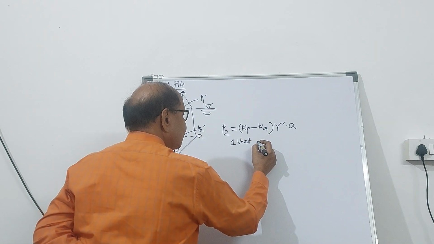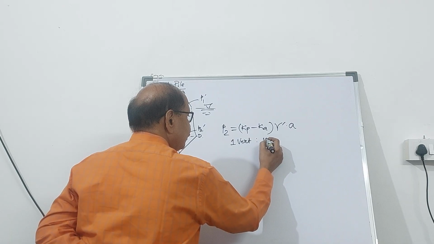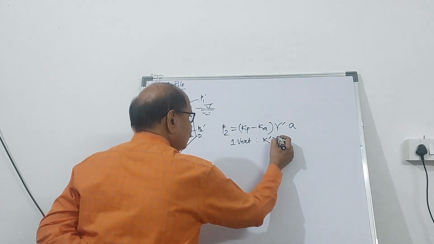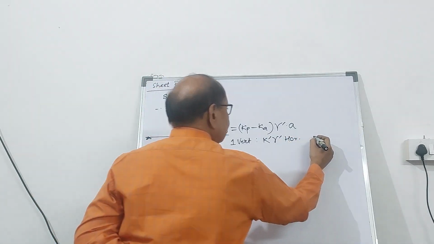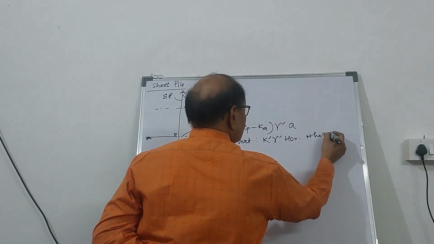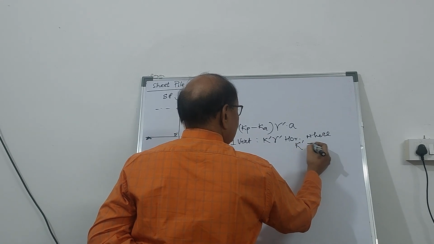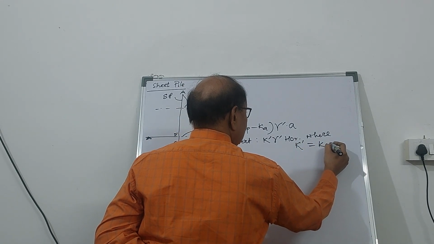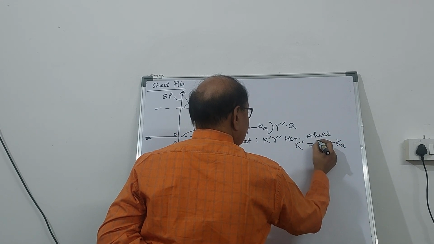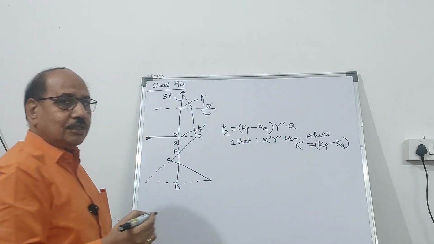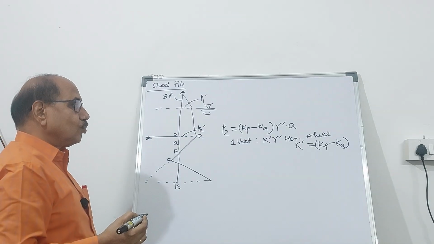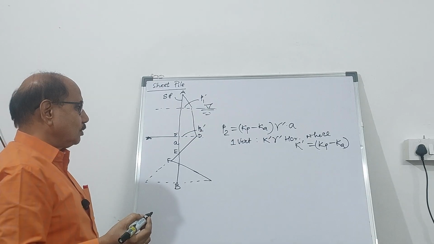So one vertical, you are going to have K prime, gamma prime, horizontal, where K prime equal to Kp minus Ka. Kp is coefficient of passive earth pressure. Ka is called coefficient of active earth pressure.